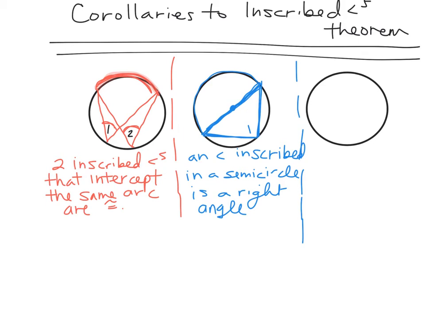Okay, so that's the second corollary. And then the third corollary is the one I just told you about. If you have a quadrilateral inscribed in a circle, so angle 1, angle 2, angle 3, and angle 4, what happens is angle 1 and angle 3 are supplementary.